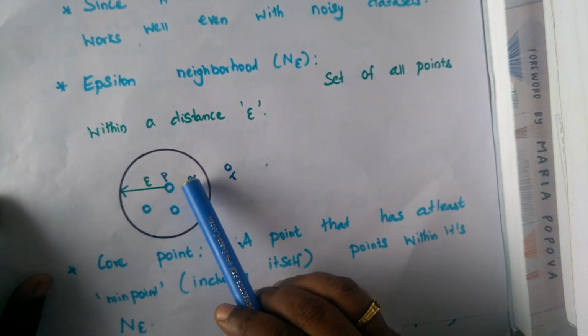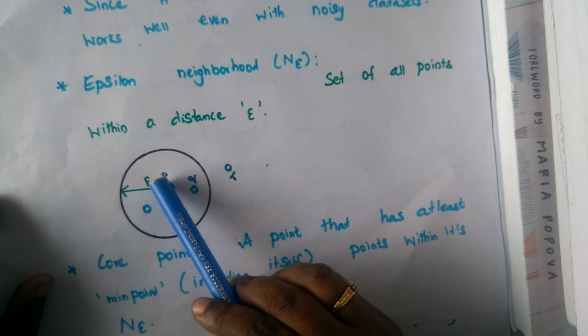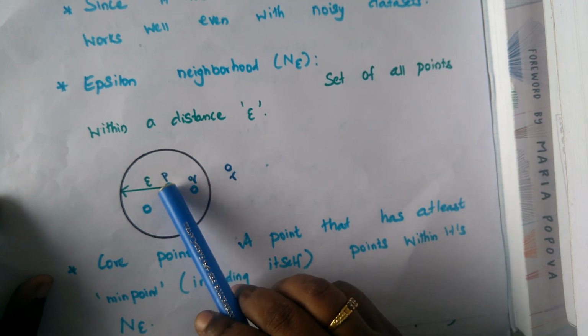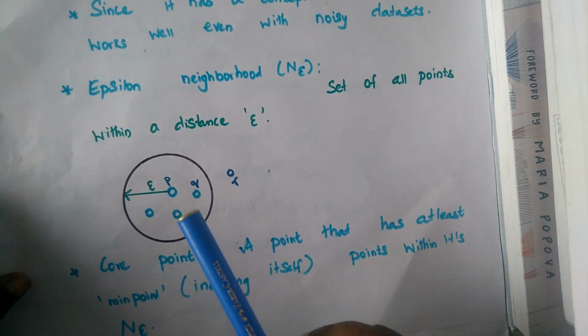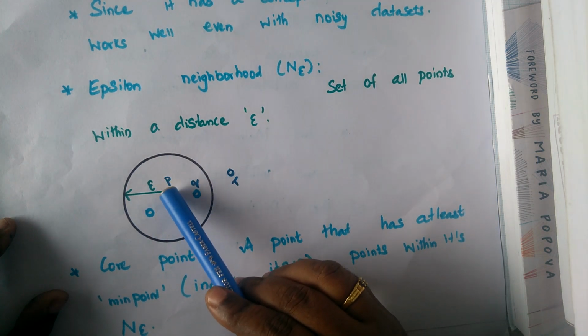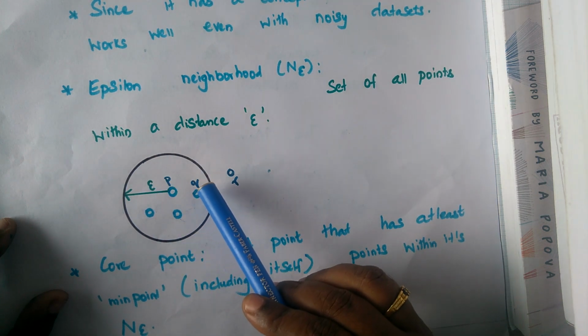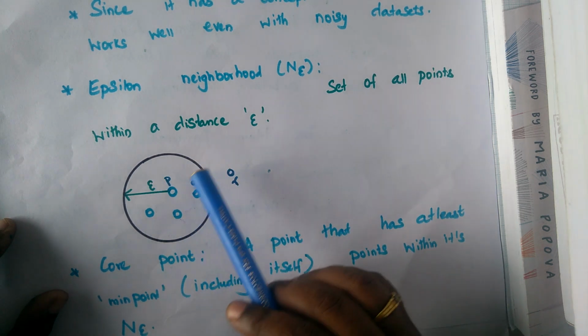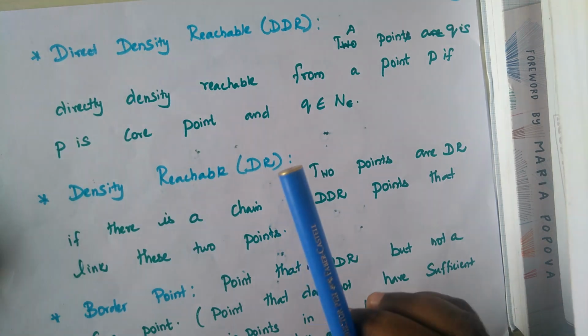Q is present in this epsilon neighborhood and P is a core point, so Q is directly density reachable from P. The crux of the algorithm is that all these 4 points will be pulled into the cluster belonging to P, and the neighborhood of Q will also be pulled into the same cluster. That's what we are going to look into.